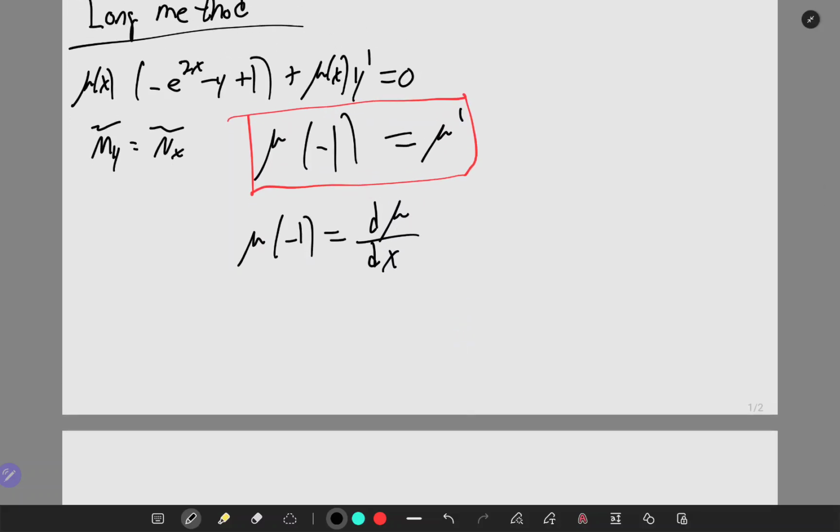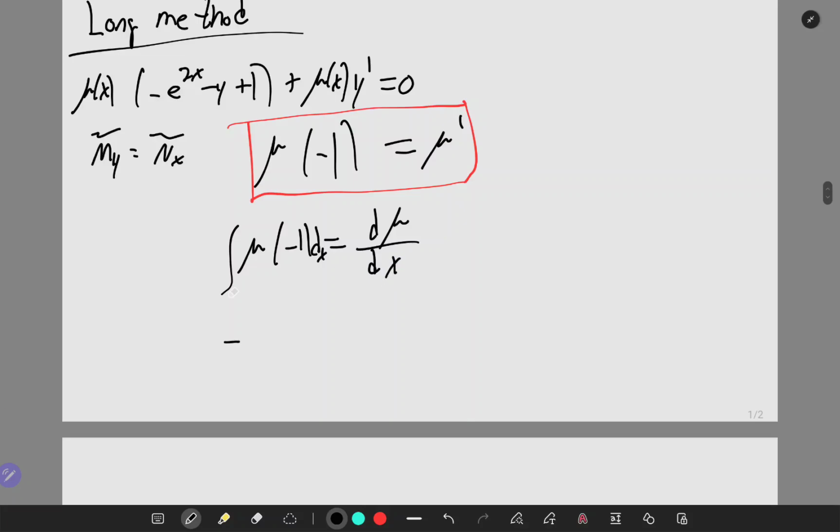When I do the formula method, this will leave us with mu. Well, integrate both sides, right? Oh, I forgot to separate it. Hold on. I was like, that doesn't work.